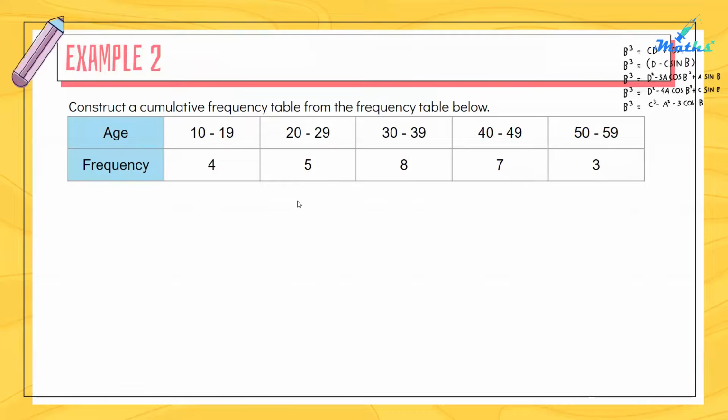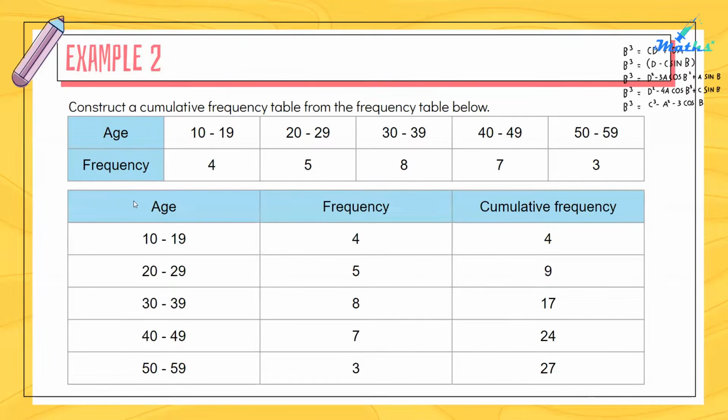Example 2. Construct a cumulative frequency table from the frequency table below. So we create a table including the class, frequency, and cumulative frequency. The class and frequency we just copy from the question. How do we get the cumulative frequency?